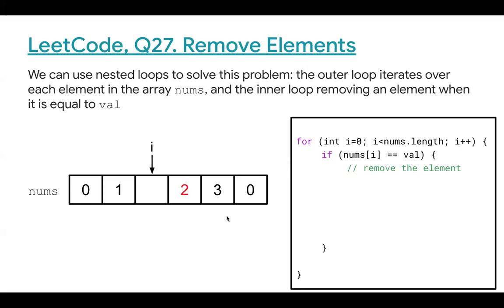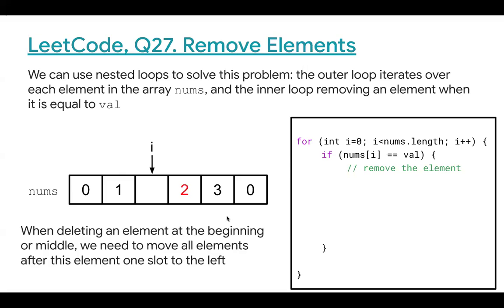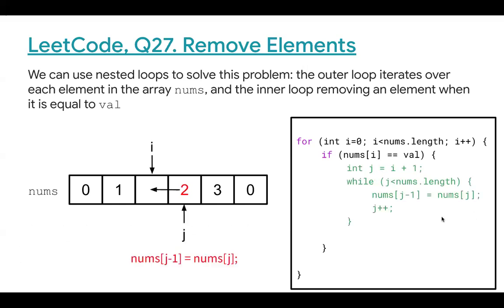Now, in the last lecture, we have learned that when deleting an element at the beginning or middle of the array, we need to move all elements after this element one slot to the left. And we have also seen the code for doing this, right? So here, I simply copy and paste the code from the last lecture, where we create another pointer, I call it j, and I use another while loop, so we can shift all the following elements one slot to the left.